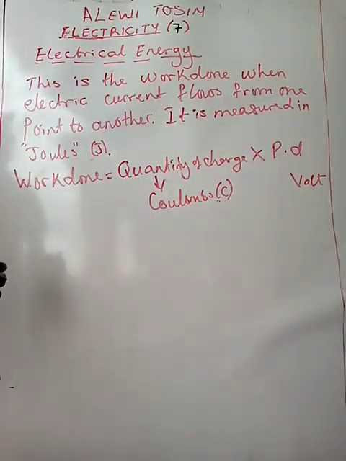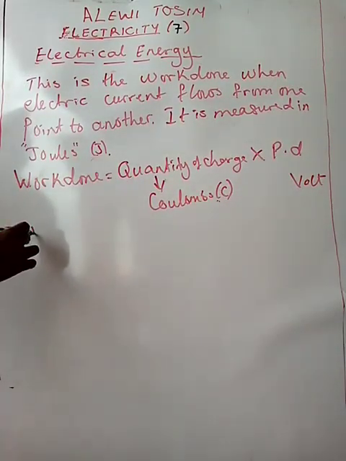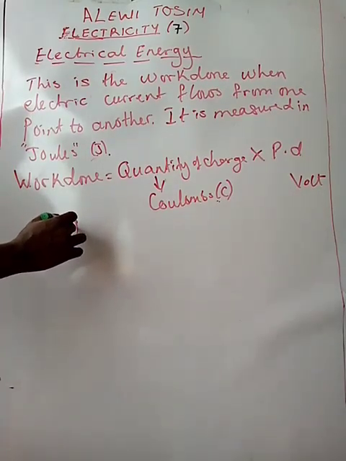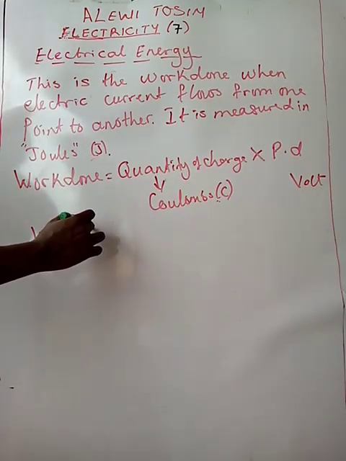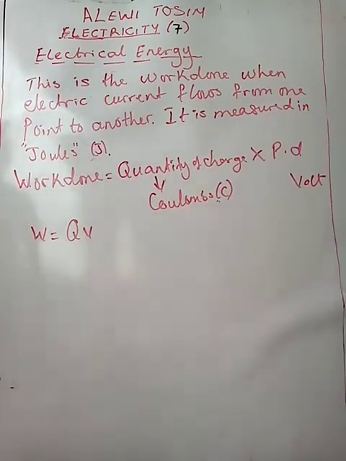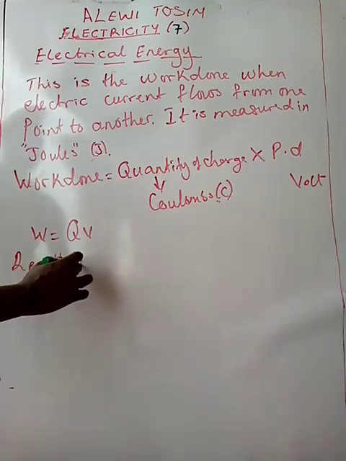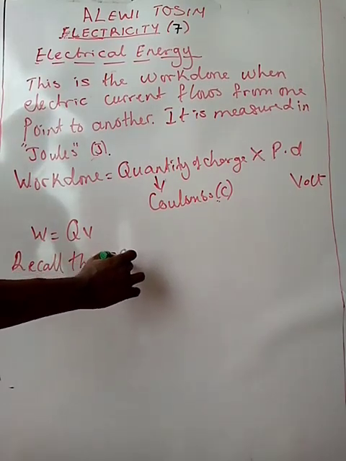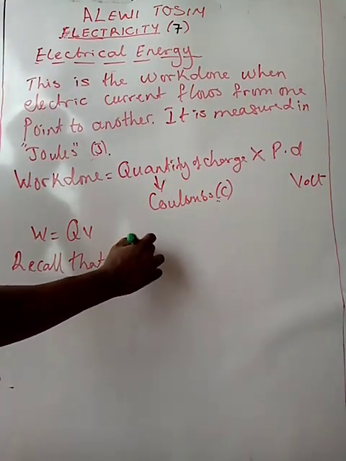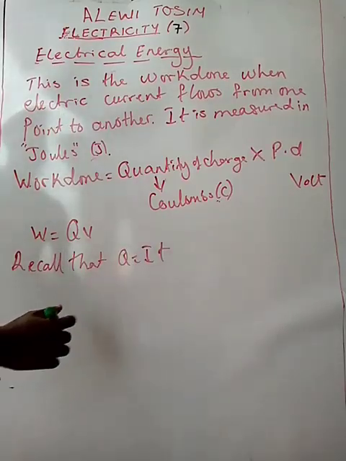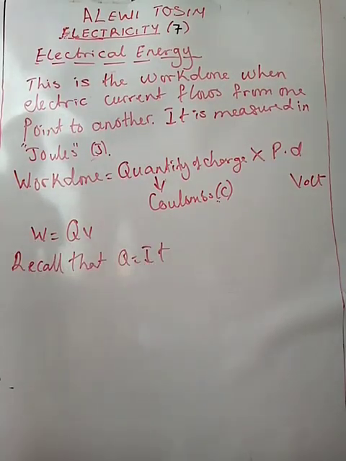So we can say that our electrical energy, let's denote it by W, is equal to QV. And from this, if you recall from our previous topic, we said our Q is equal to IT, where I is the current and T is the time taken.